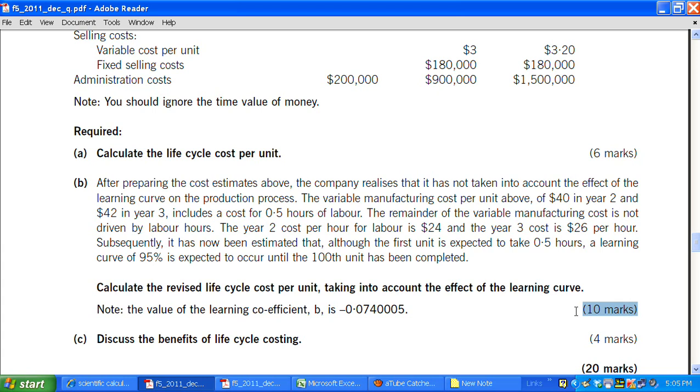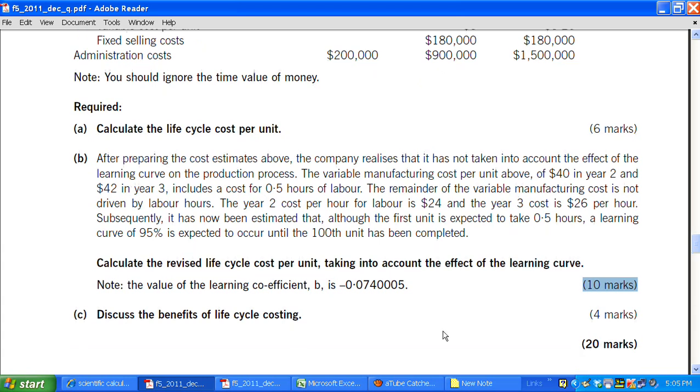So these are the kind of questions you need to expect at this level. So it's very important to appreciate the theory, how to do the computations, and also how to interpret the numbers. Now finally, for 4 marks, discuss the benefits of life cycle costing.